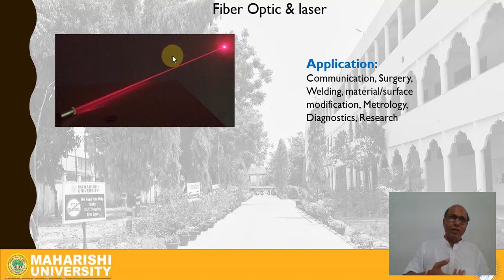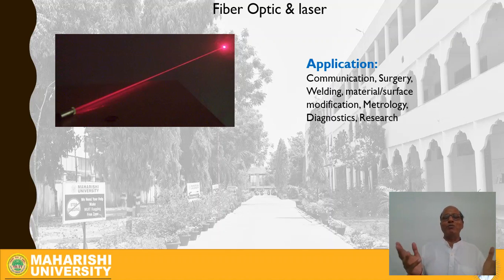You can have 2 kilometers of optical fiber bent in a circle, and at the end of the optical fiber you will get a laser beam. That means even if you are bending the optical fiber, the laser beam will also travel accordingly, and finally you will get the laser output.